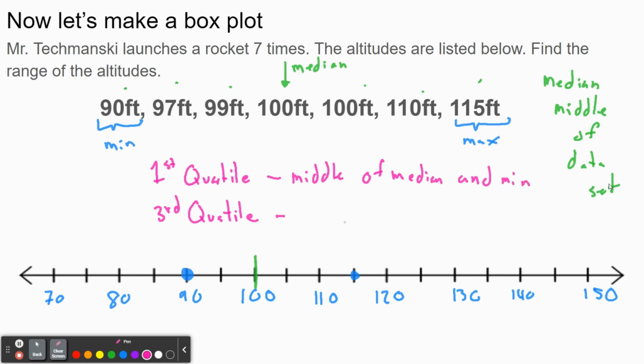The third quartile, then, is the middle of the median and the maximum. They're essentially the same thing, just on opposite sides of your data set.